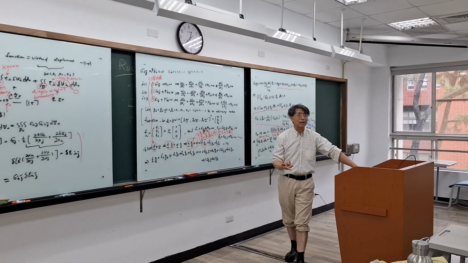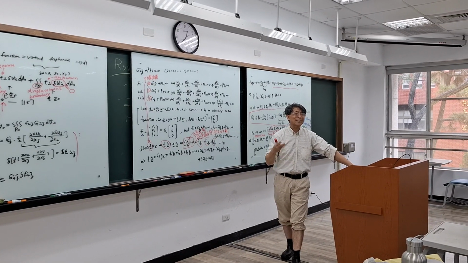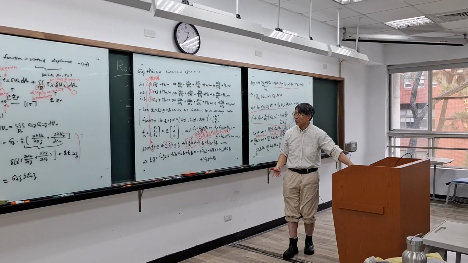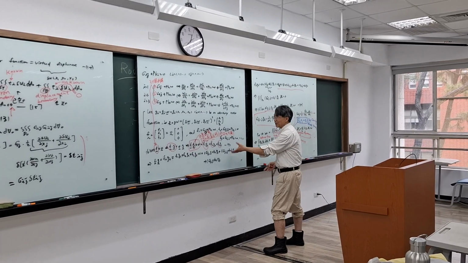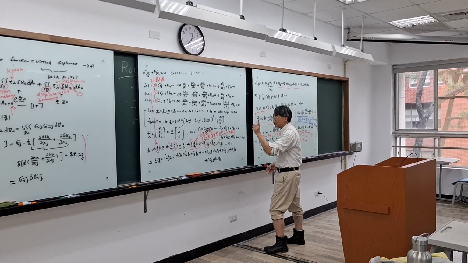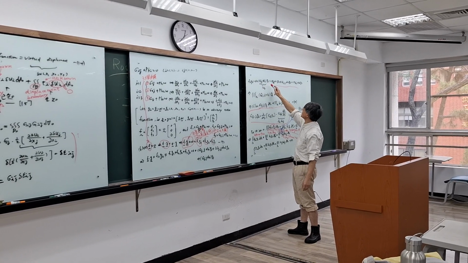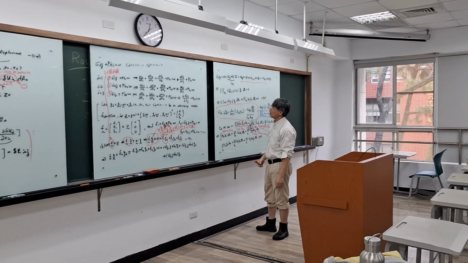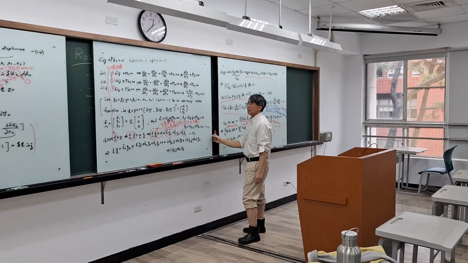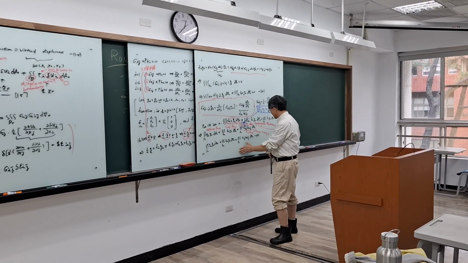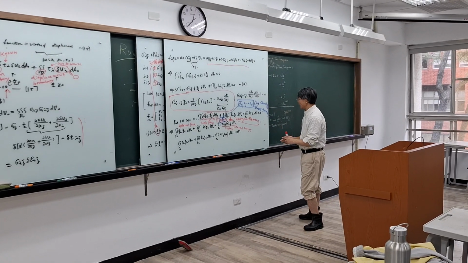We have three equations, and we take these three equations into an inner product and turn it into a scalar function. So now we have only one equation remaining here. So this is the starting point of the virtual work principle.